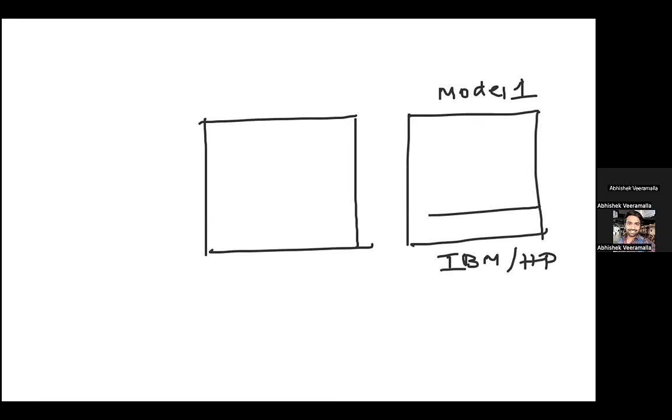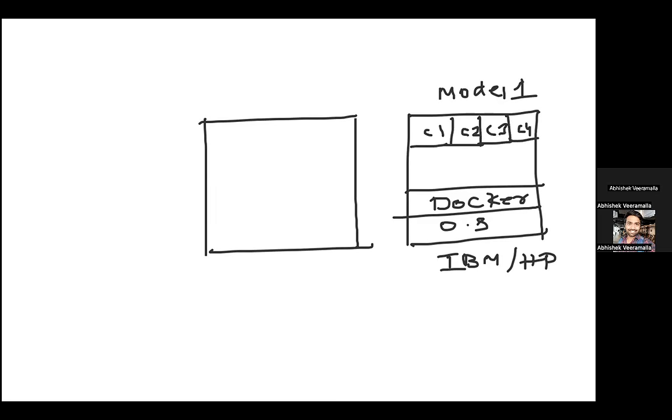He will install an operating system, and on top of the operating system, he will install Docker or any other containerization platform. To create containers, you need a containerization platform, just like to create virtual machines, you need a hypervisor or a virtualization platform. So you created a Docker platform, and on top of this, you have created multiple containers. This is one way of creating containers.